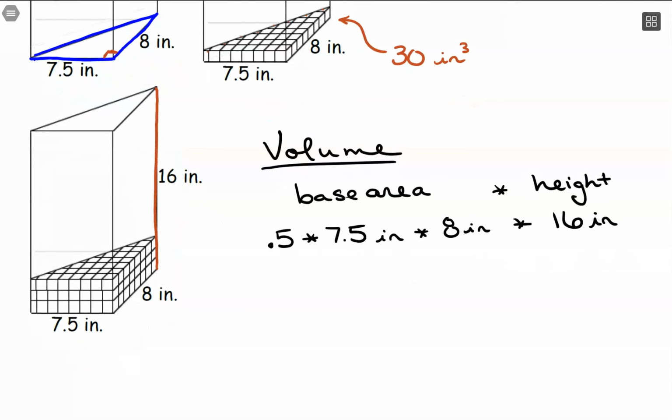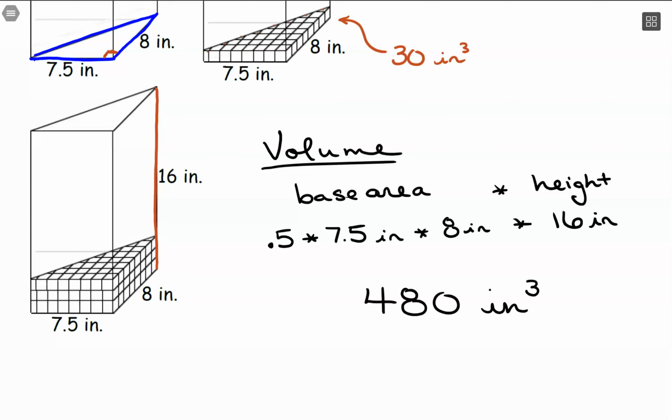So numerically, plug in the numbers, multiply them up, and that should be 480. Then in terms of units, no units on the half, but inches times inches times inches. So we'll have inches cubed. So that's a way of thinking about volume of prisms.